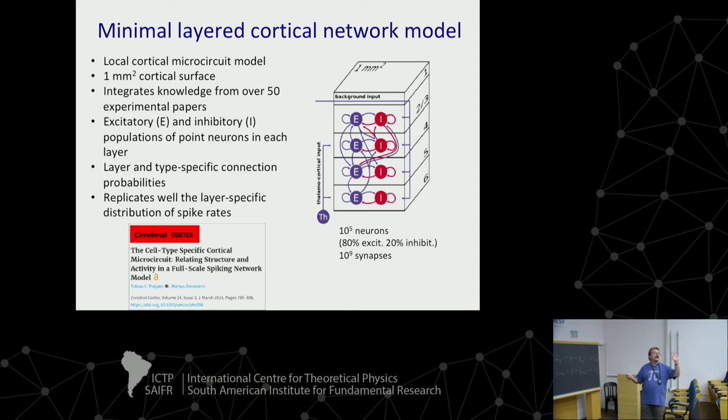So you have, in the end, 8 cell populations. The total number of cells is 10 to the 5, so it's really a large-scale model. The number of synapses is 10 to the 9, so it's really billions of synapses. 80% of them are excitatory, 20% are inhibitory. This is the correct proportion of excitatory and inhibitory cells in the brain.